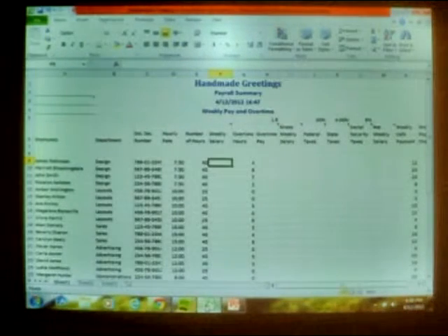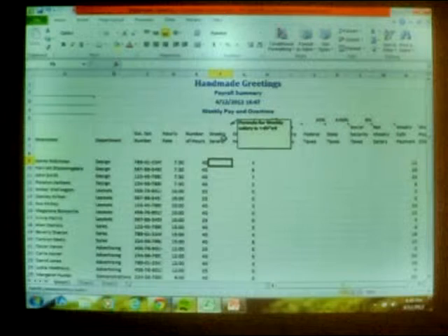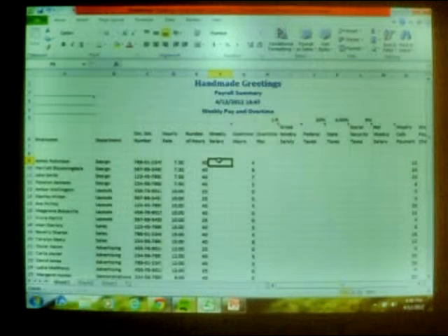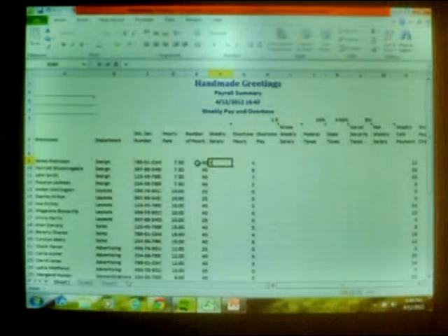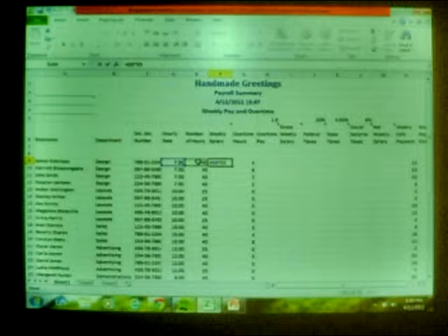The first part of the payroll that we will solve is the weekly salary. You see the first employee is making $7.50 an hour, and James has worked 40 hours per week. So our formula is equal D9 asterisk, which means to multiply, times 40.